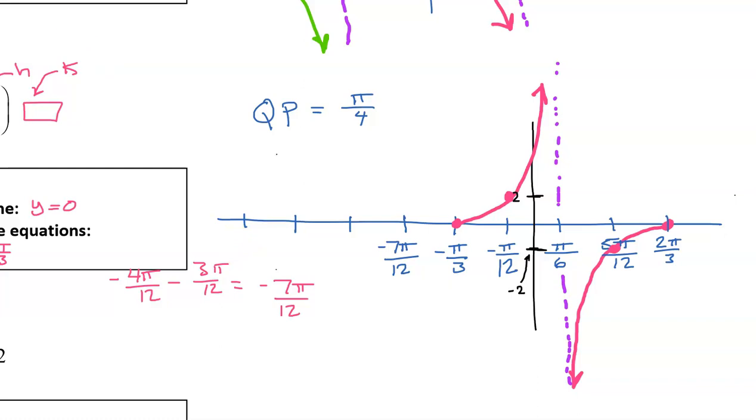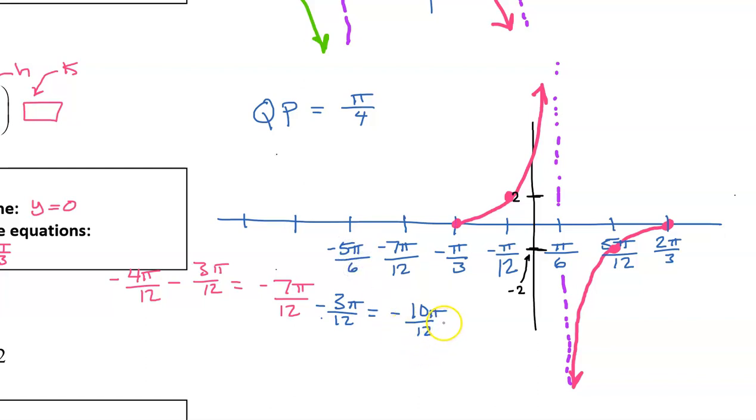If we subtract another 3 pi over 12, all right, let's subtract another quarter period, that's going to give us negative 10 pi over 12. But that reduces down to negative 5 pi over 6. So the next value will be negative 5 pi over 6.